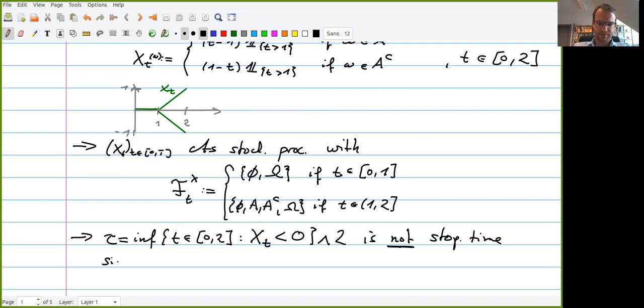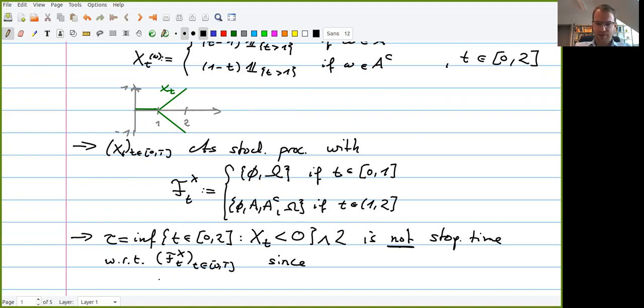Why? How can we see this? Well, stopping time, let me be precise. Of course, I mean here with respect to the natural filtration generated by the process X_t. How do we see this? Well, that's actually not so hard to see.